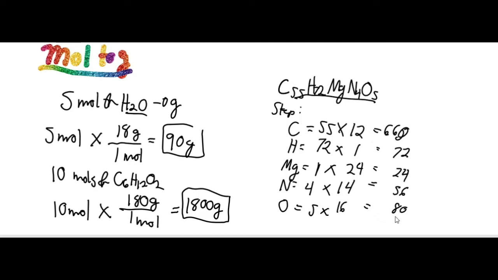Now you got it. So 660 plus 72 plus 24 plus 56 plus 80 is equal to 892 grams per mole.